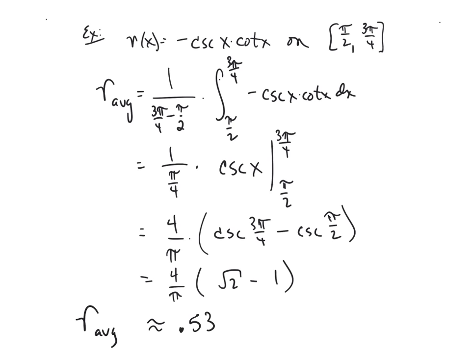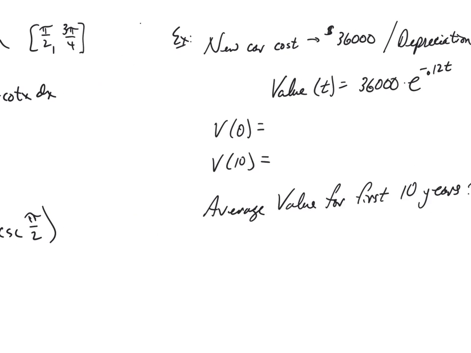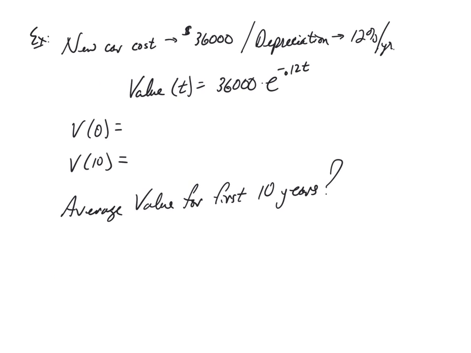All right. And finally, just to finish off, I've got one application of where you might use average value. Okay, so here it is. We have a new car cost of $36,000. I have no idea what that buys you, but if you guys buy yourself a brand new car for graduation and it costs $36,000.